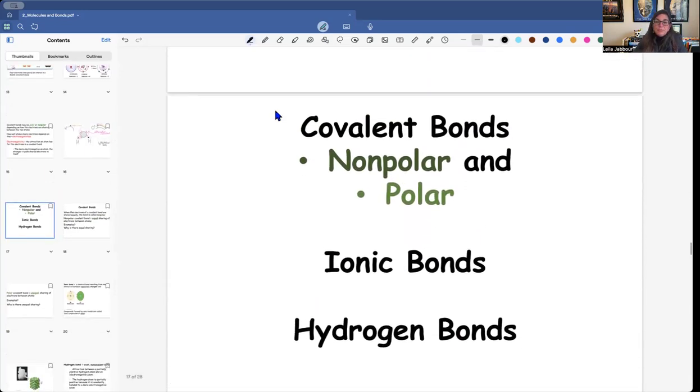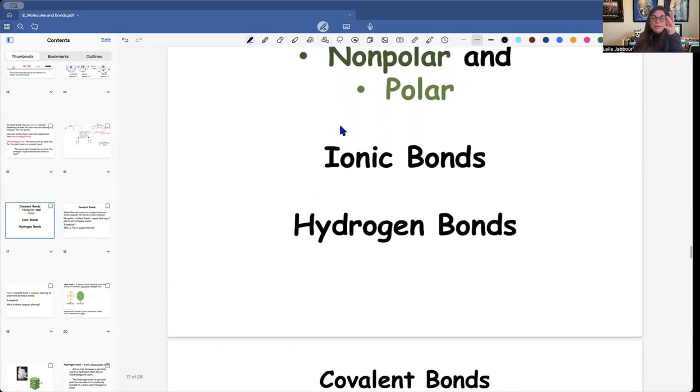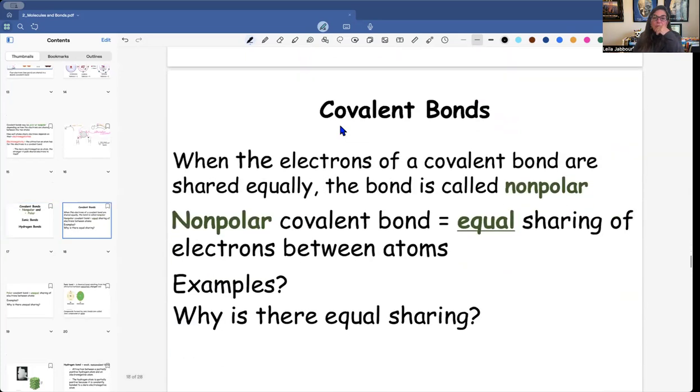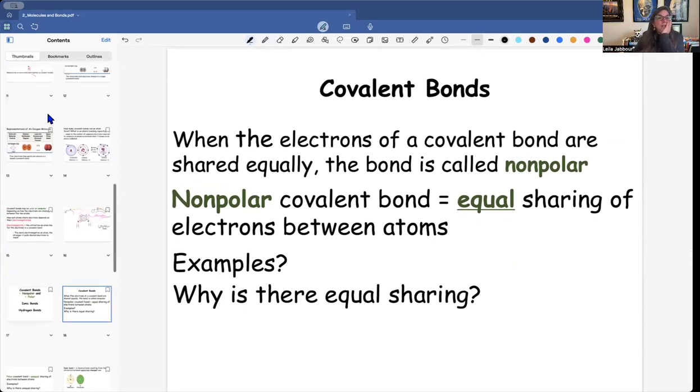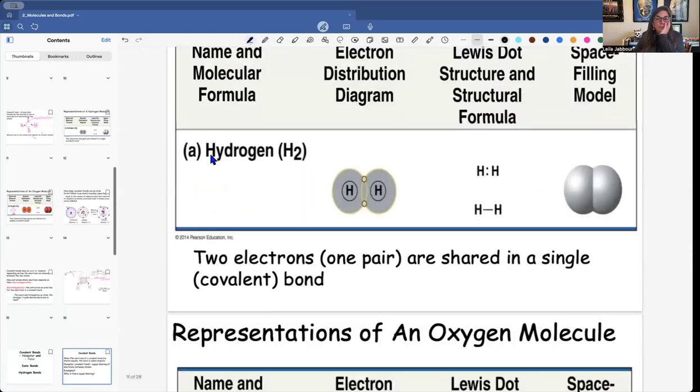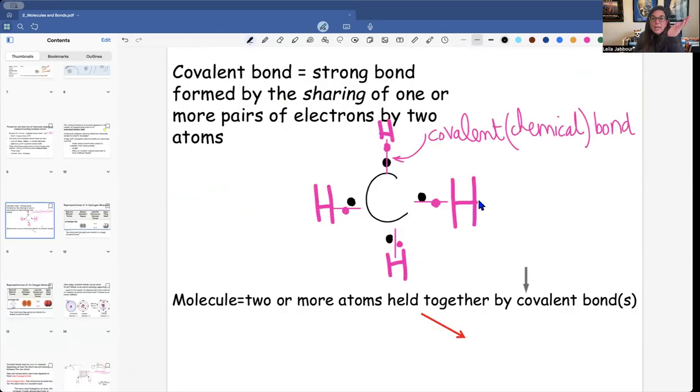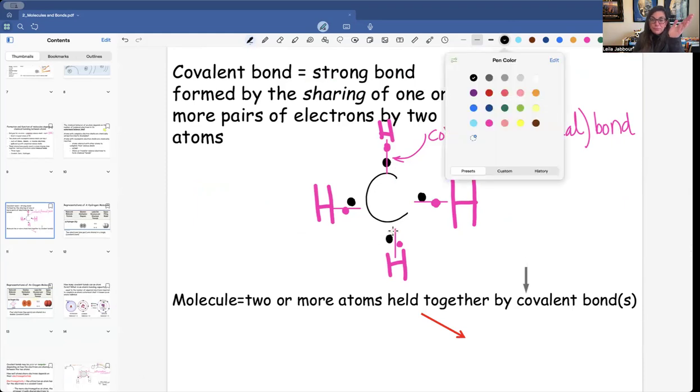So the three types of bonds are covalent, ionic, and hydrogen. I already mentioned ionic. Let's talk about covalent bonds. When the electrons of a covalent bond are shared equally, the bond is called nonpolar. And that is the case for carbon and hydrogen. Why? Because we don't have any leftover electrons.